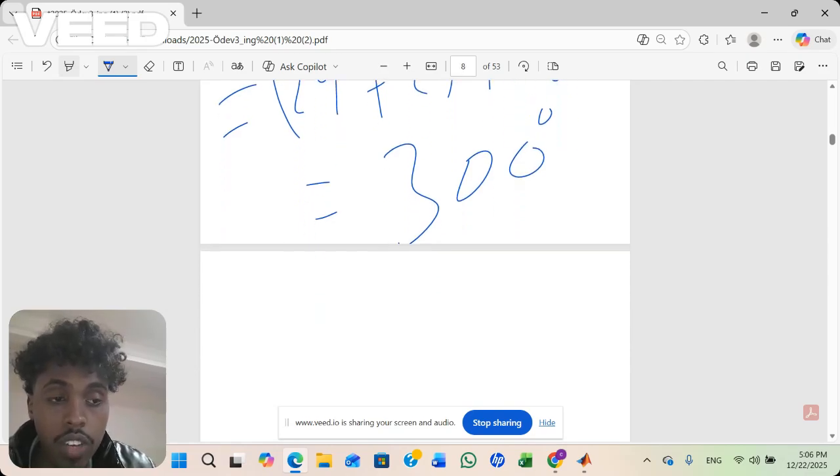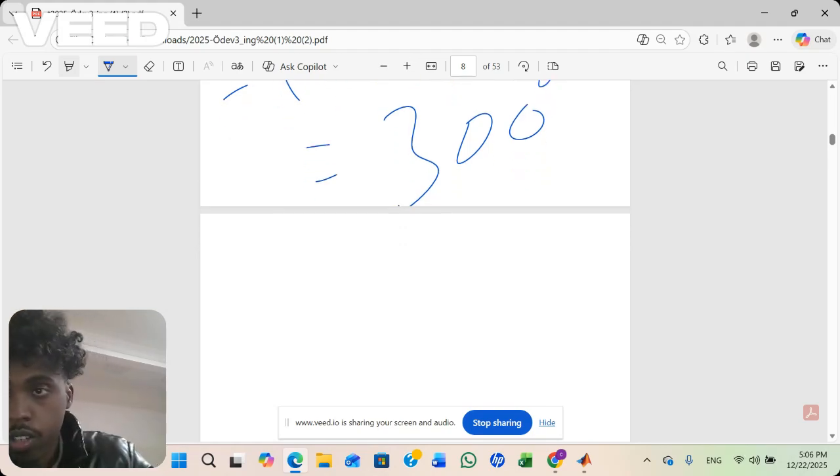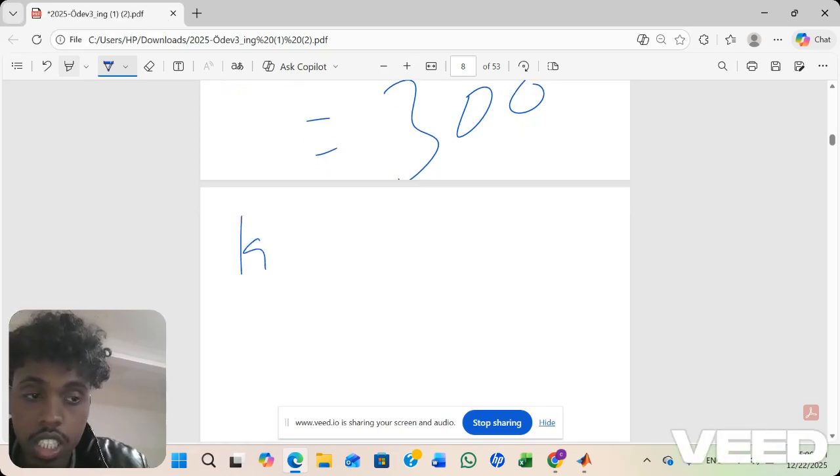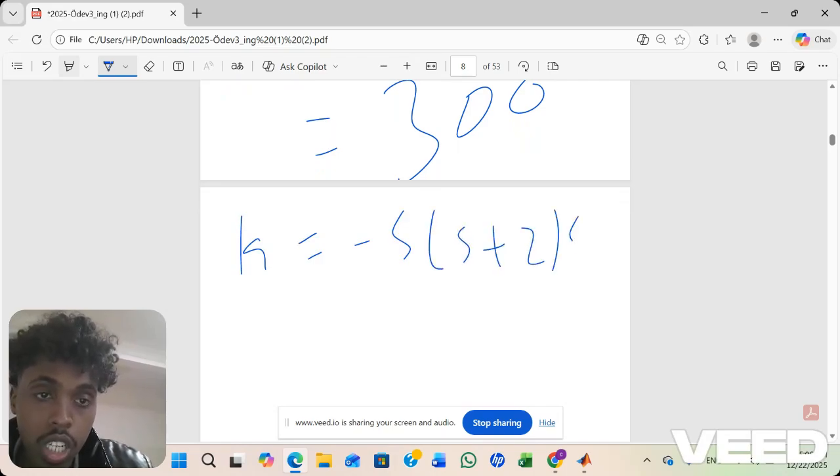Now we find the breakaway point from the characteristic equation. K equals minus s(s plus 2)(s plus 4).